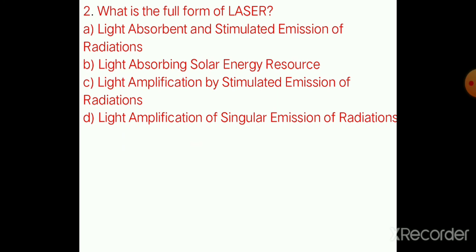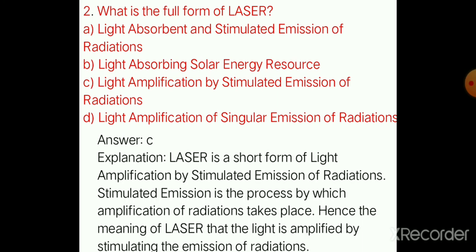Second one, what is the full form of laser? A. Light absorbent and stimulated emission of radiations. B. Light absorbing solar energy resource. C. Light amplification by stimulated emission of radiations. D. Light amplification of singular emission of radiations.